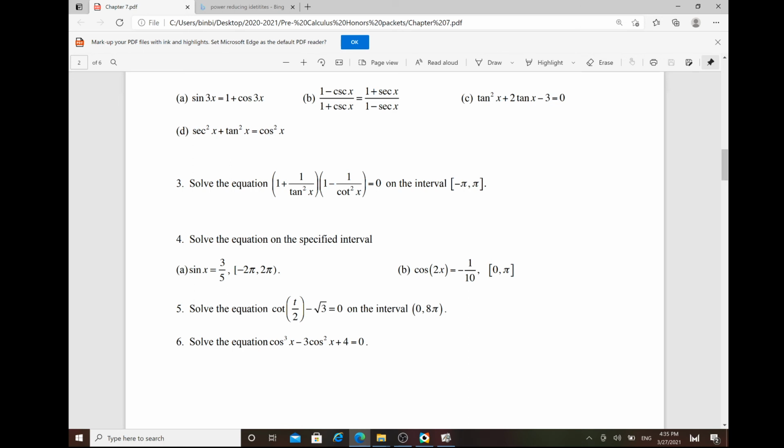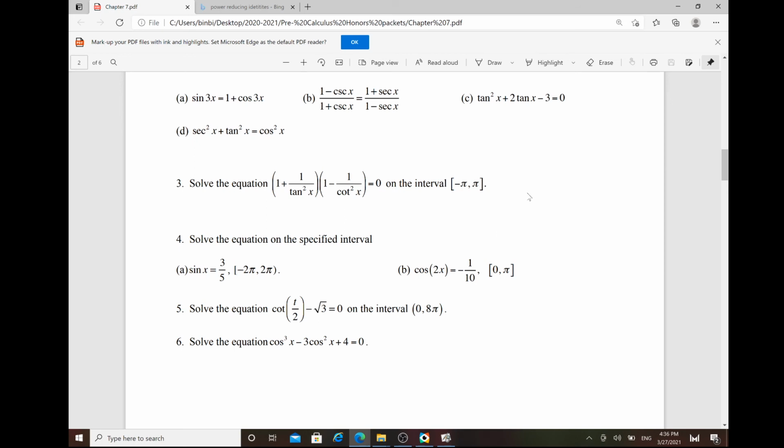No, not 8, 4 consecutive times, because every 2 pi is considered one cycle. So 4 pi, another cycle, 6 pi, another cycle, 8 pi, so 4 times. Find the solution in each quadrant. It looks like we do have 2 solutions from each cycle. And then multiply by 2.